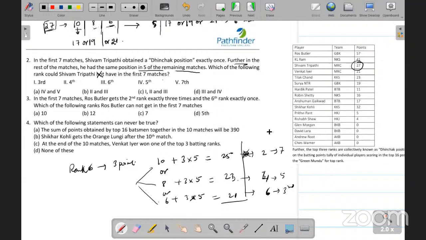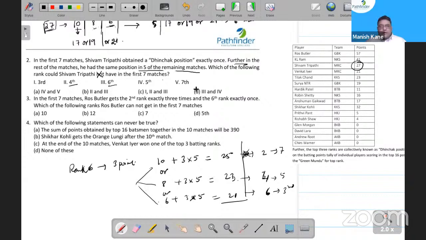He could have 2 and 3. So he could have rank 4th. He could have rank 6th. Correct? And he could also have rank 7th, but that doesn't figure in the option that contains the correct option. So the only option that sounds correct here is B.